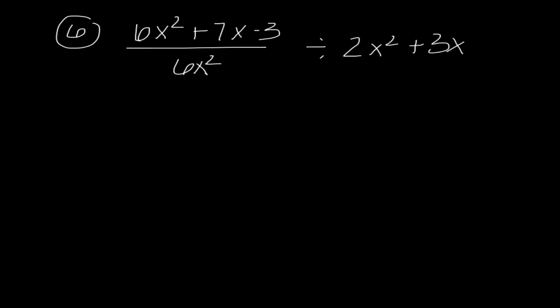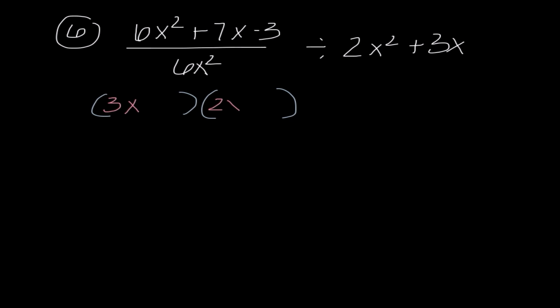I wanted to look at number 6 because I think this can be tough once again to factor. I noticed we have division, so I'm going to do two things at once here. I'm going to factor and I'm going to change it into multiplication. So I'm going to look at 6x squared plus 7x minus 3, and I notice I do not have any greatest common factor there. So I'm going to have to use opposite of FOIL. I know the ways that I can get 6x squared would be 6x and x, or possibly 3x and 2x.